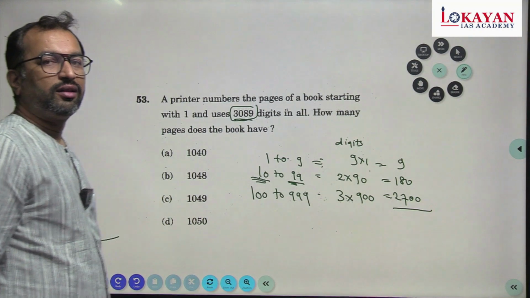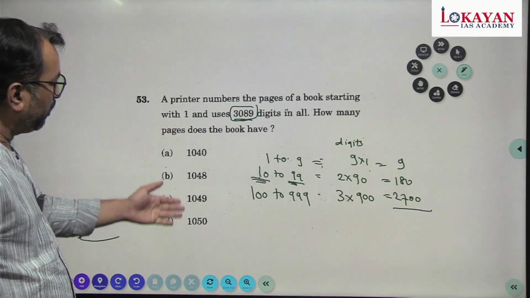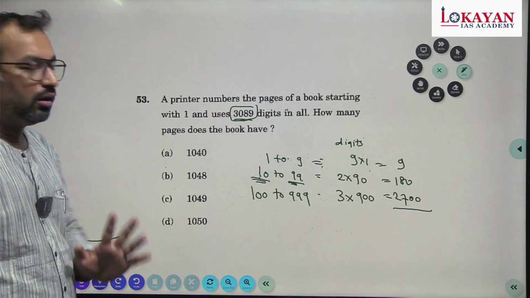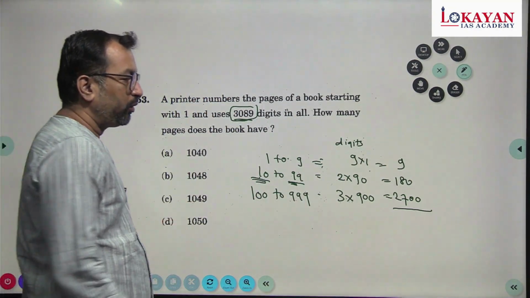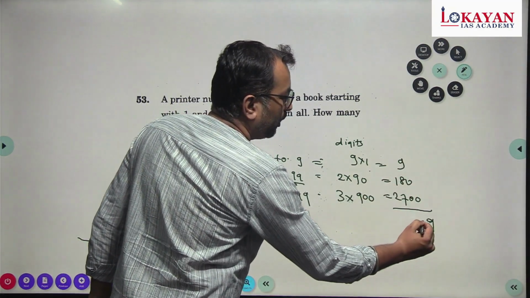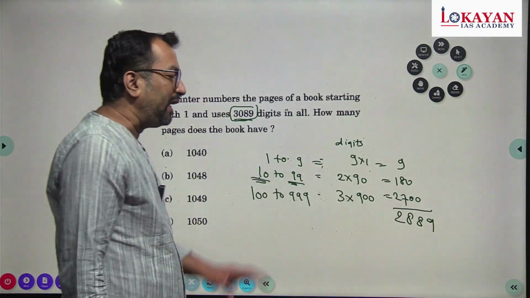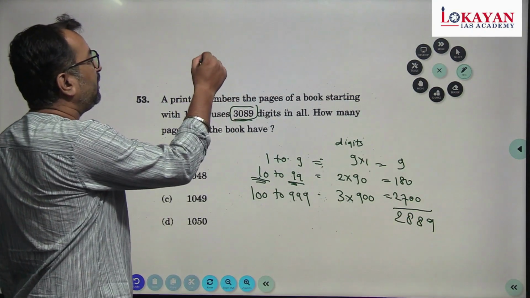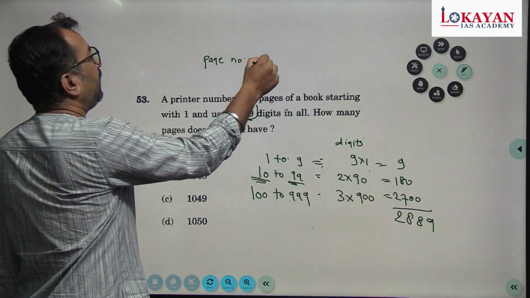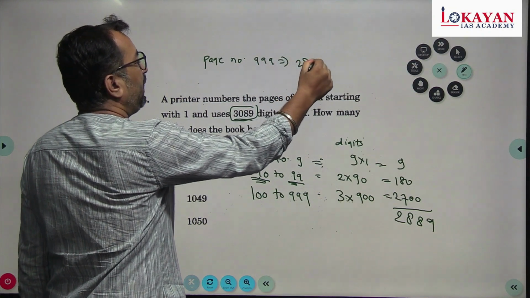Total number of digits till 999 pages, because the page number is way more than 1000, so we have to go till 999. There is no other option, right? So how many digits are there? 9, 180, 2700. So till page number 999, we got the number of digits as 2889.